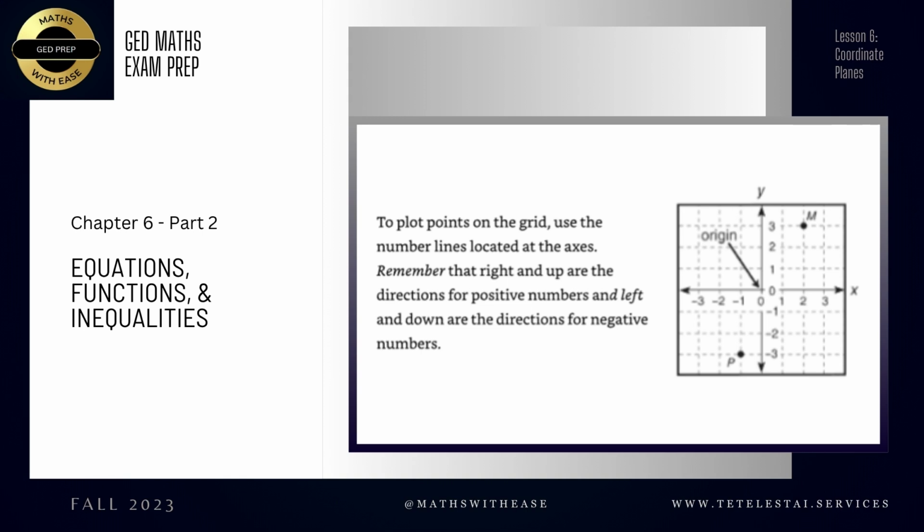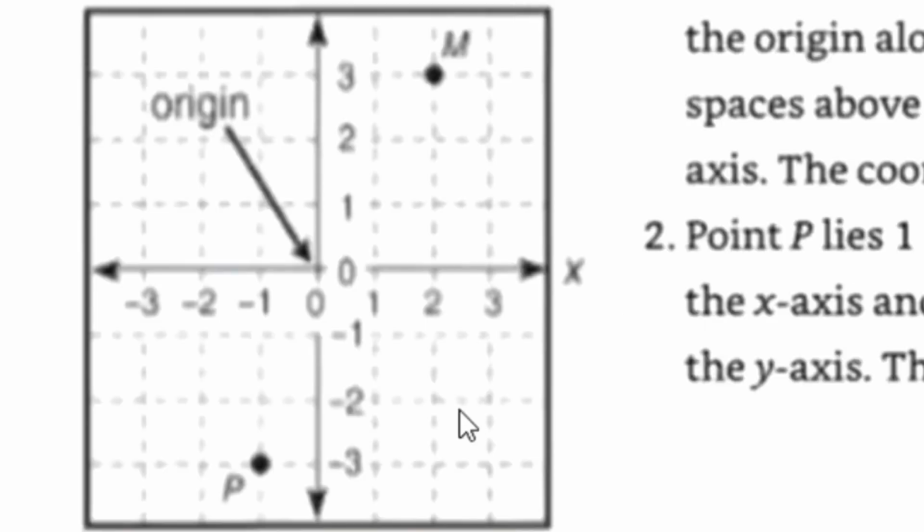So your x coordinate would be positive, I should say, and since you move upwards, your y coordinate would also be positive. If M was on this side, you would have to move to the right, positive, and then downwards. So your y coordinate would be negative.